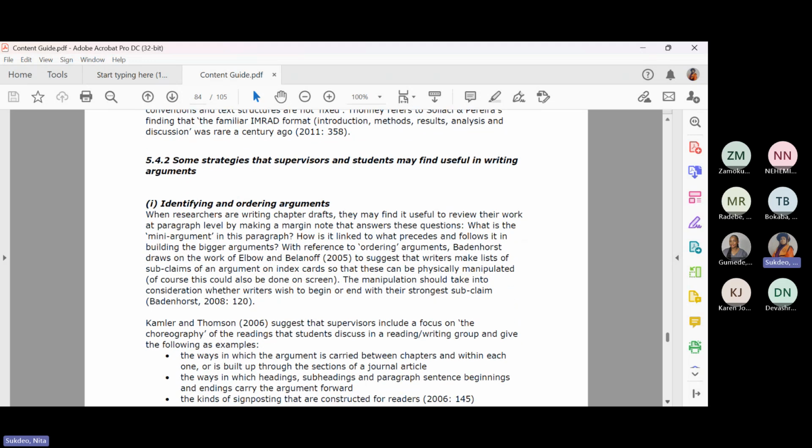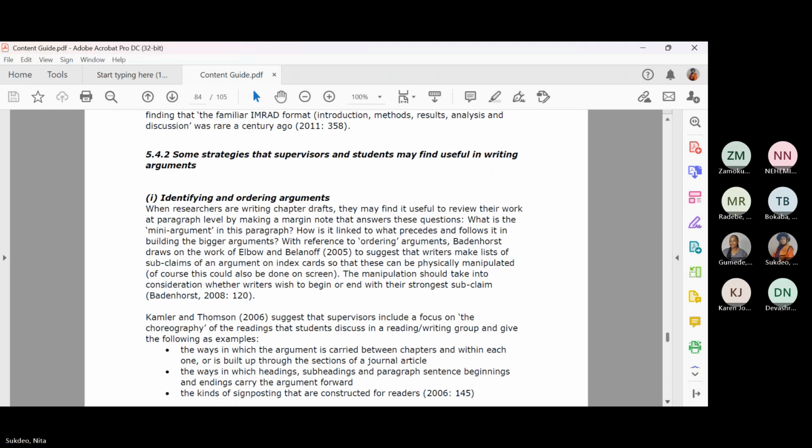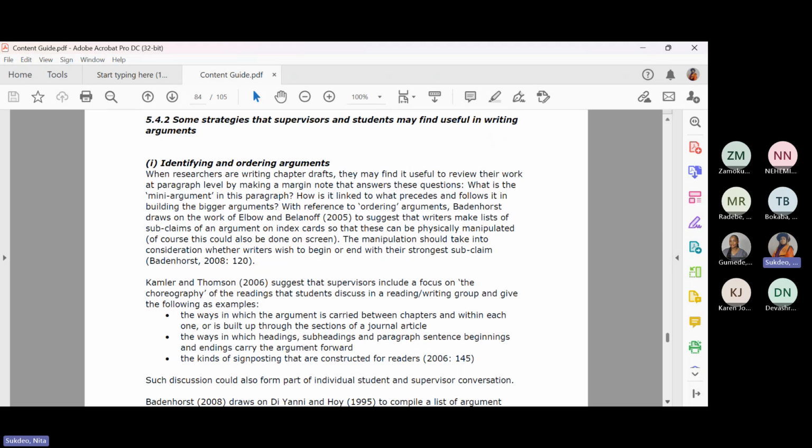5.4.2, some of the strategies that supervisors and students may find useful in writing arguments. And that is why I get you to give me your personal experiences on how it is written, because these strategies go into your work plan, your practice that you're going to use for your final assessment. And we've unpacked your strategies earlier this morning when we were discussing it.